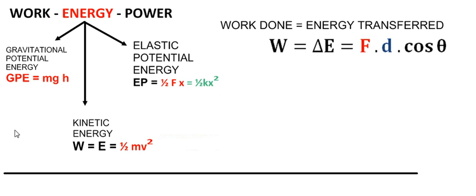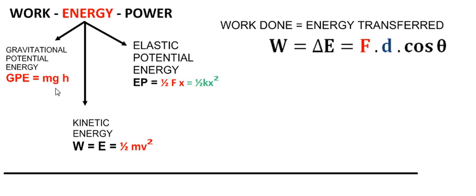We have now looked at the 3 types of mechanical energies that we shall be considering. That is, 2 types of potential energy, gravitational potential energy and elastic potential energy, and also kinetic energy. So the total mechanical energy of the body is the sum of all these 3 energies.